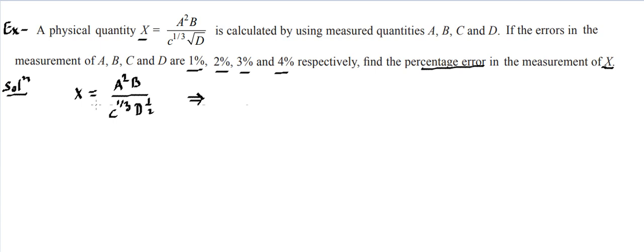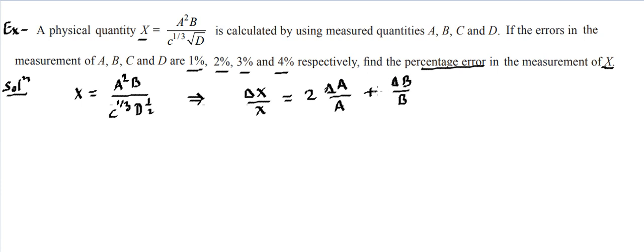Whatever the powers are, they come in front. So delta x upon x will be equal to, I'm writing it directly, 2 times delta a upon a, that means the fractional error in a, plus delta b upon b.